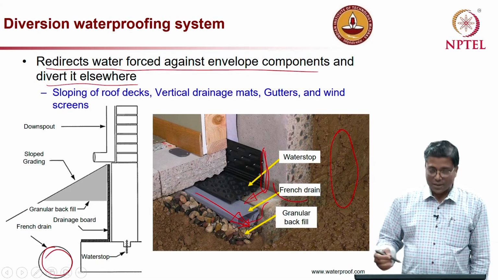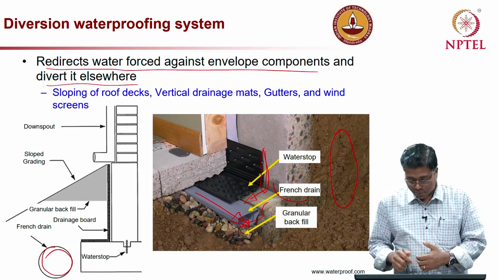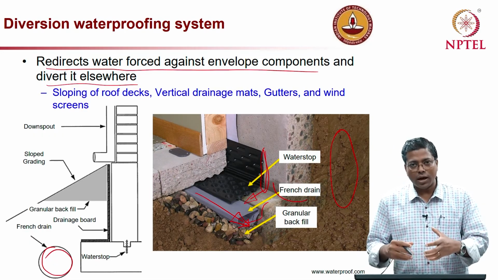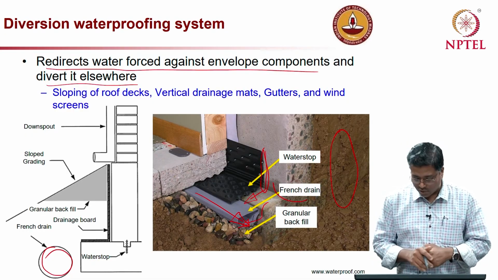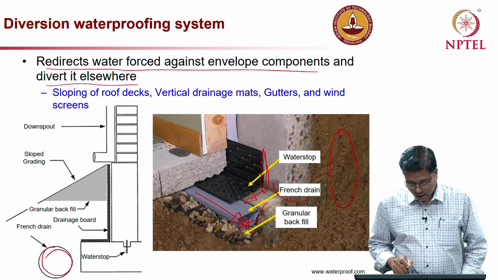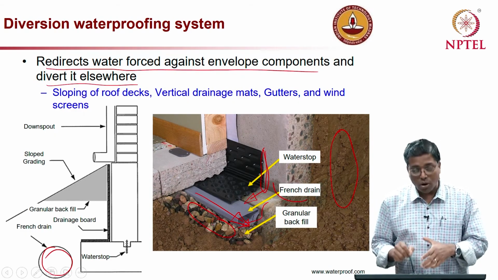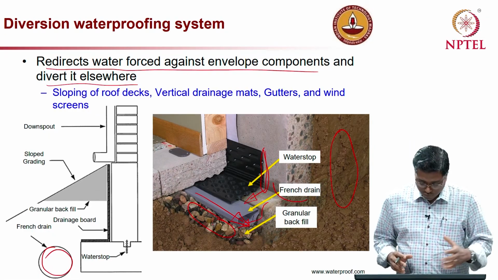Water is collected because of the drain boards, the black thing on the screen is a drain board. That collects the water and then diverts it into the French drain, which is provided below and kept on gravel, because again you do not want soil there, because you want air space so that water can flow through.